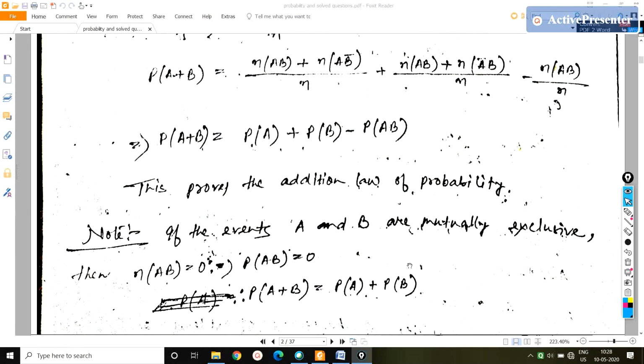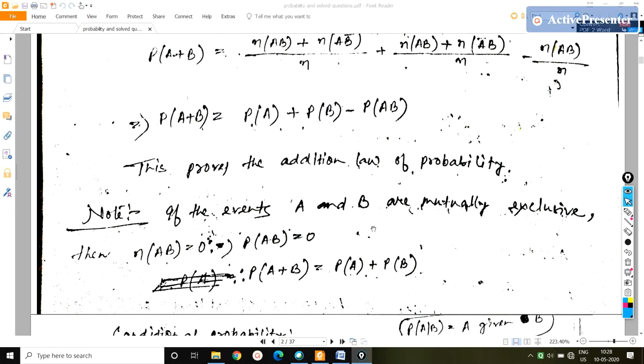Now, as I already mentioned, if the events A and B are mutually exclusive, then n of AB is 0, that is, they cannot occur simultaneously.